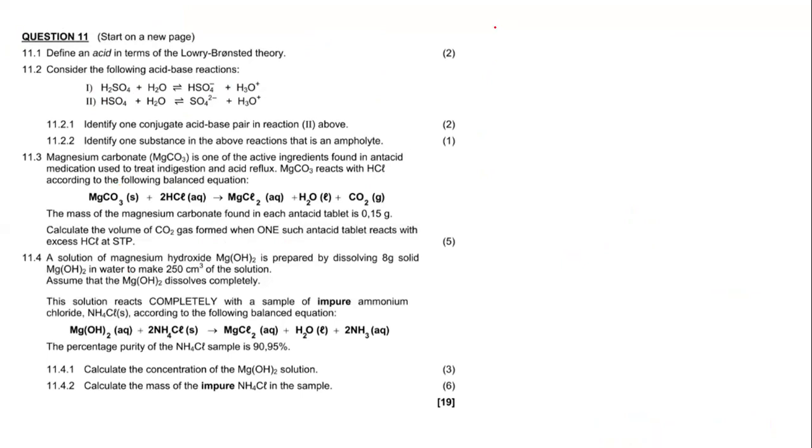Now, 11.4. It says to us, a solution of magnesium hydroxide is prepared by dissolving 8 grams of solid magnesium hydroxide in water to make 250 cubic centimeters of the solution. You know what I hate? I hate making mistakes.